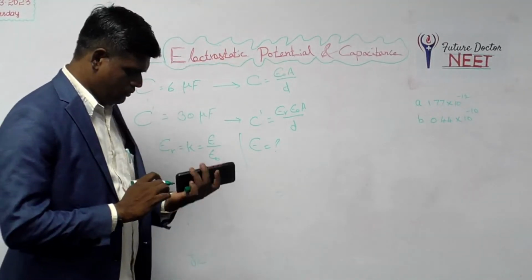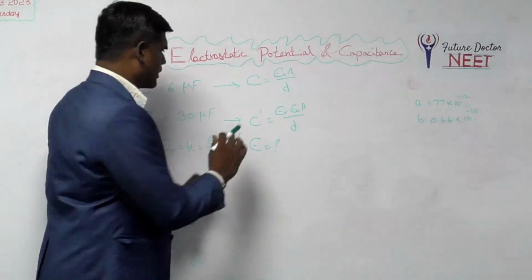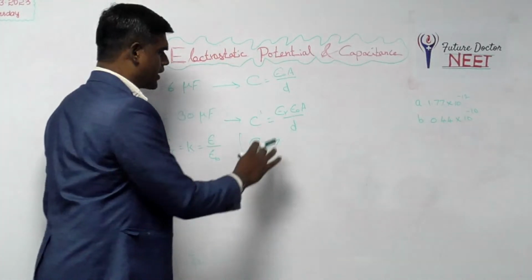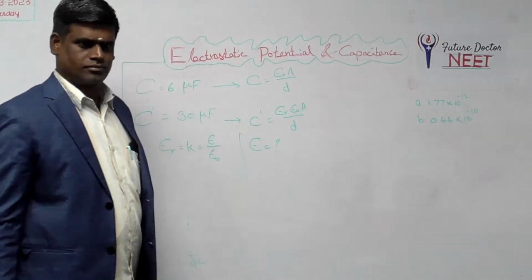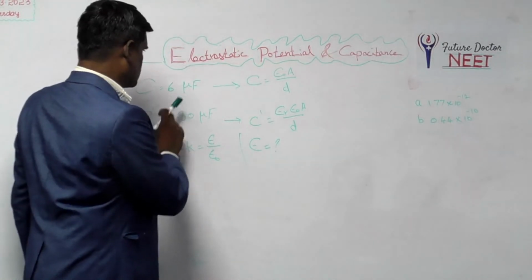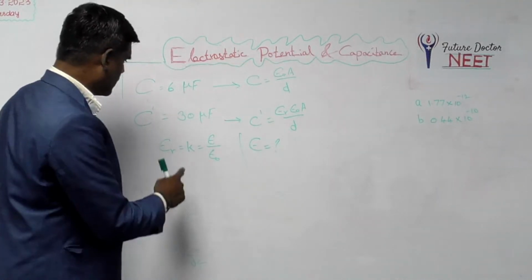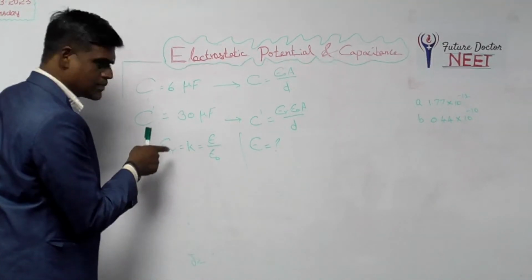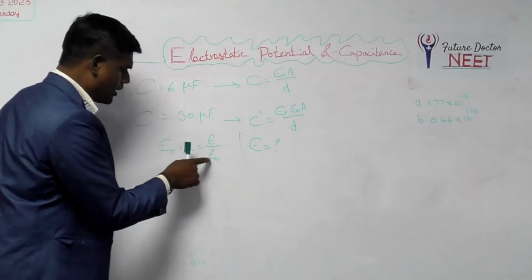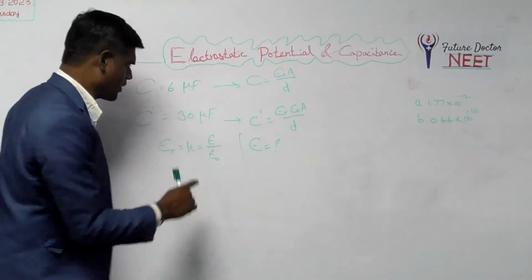I will say one clue. This by this, all the things get cancelled and you will get only epsilon r. Substitute C value and C dash value there and simplify, you will get epsilon r. Epsilon naught is a constant, so you can find epsilon. Try it.